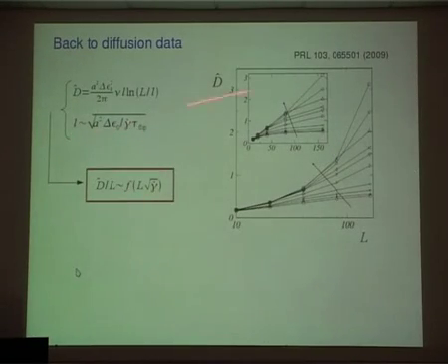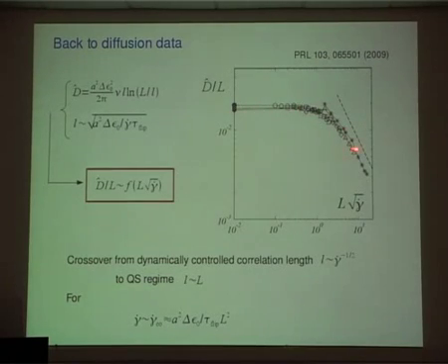And now when you take all this diffusion data and you introduce the fact that you have this length scale which is set by sound, by noise, you can rescale all your data and find an amazing collapse of your diffusion constant.